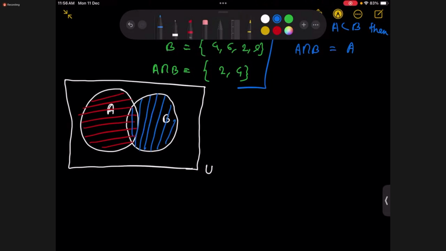So what about A union B and what about A intersection B? A union B is nothing but like this. A union B.